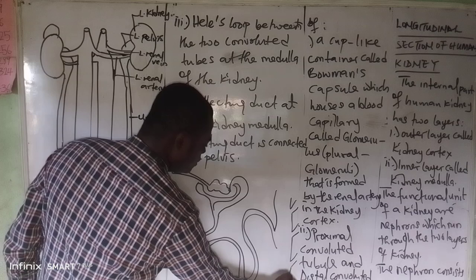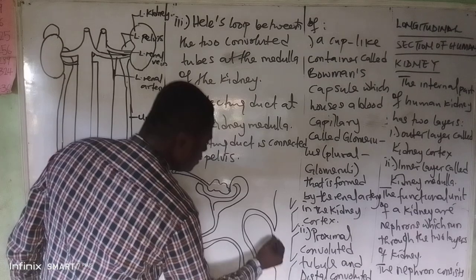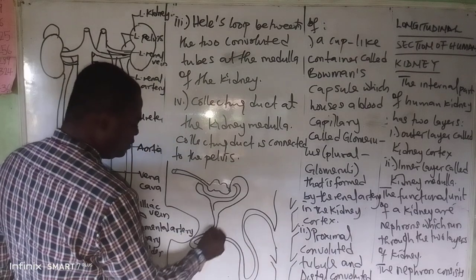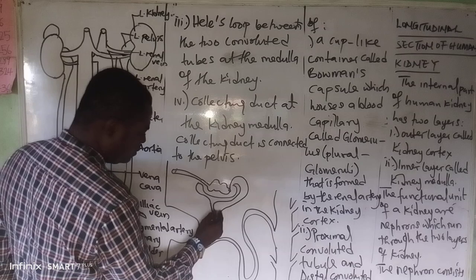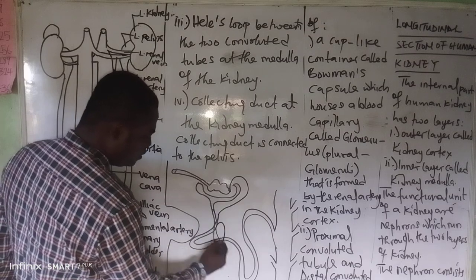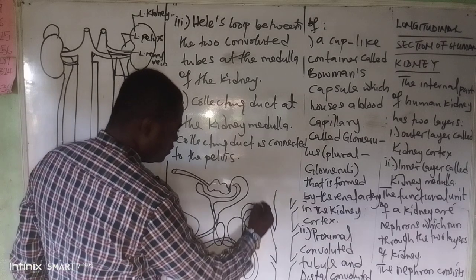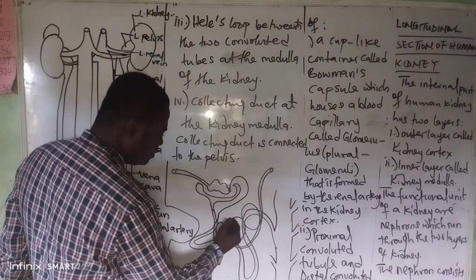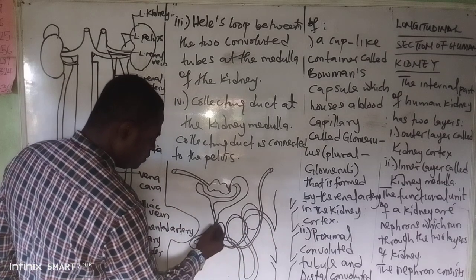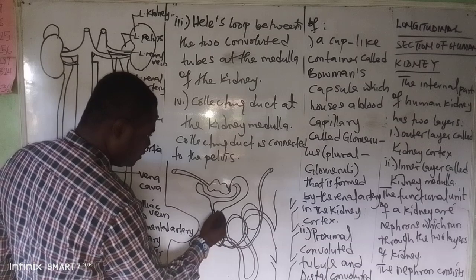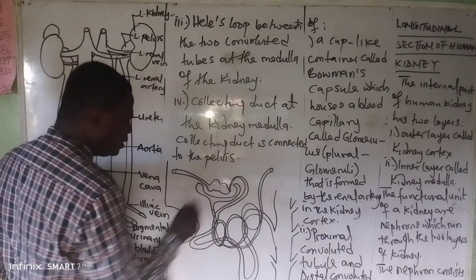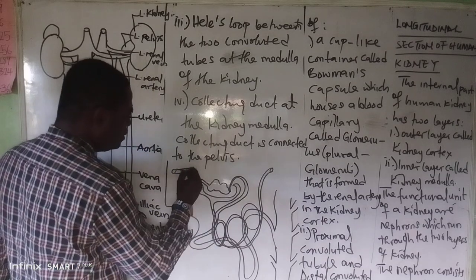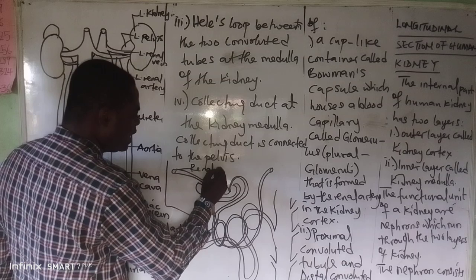Collecting ducts. Okay, now this is the renal artery.